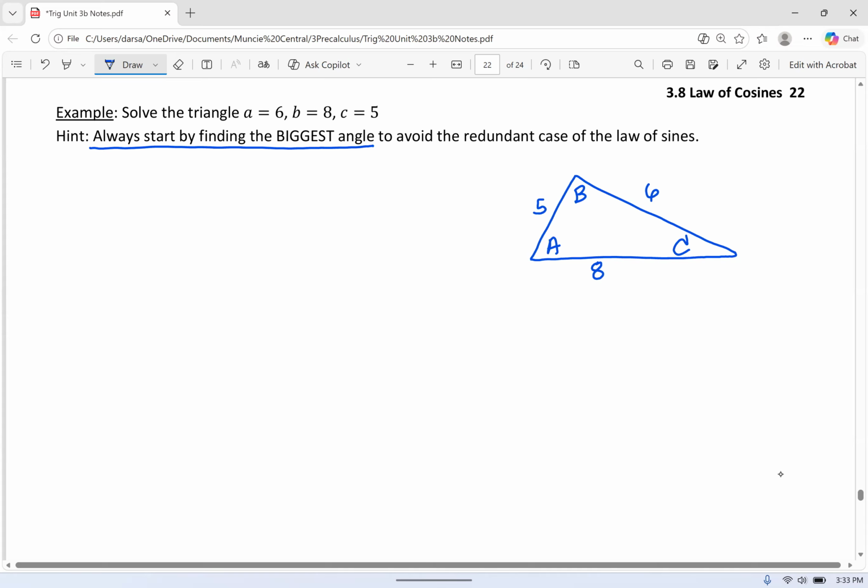The smallest angle is opposite the smallest side. So you're going to always start with the letter for the biggest side if you are finding all three. Again, only if you're finding all three.